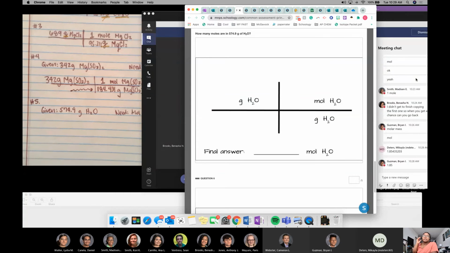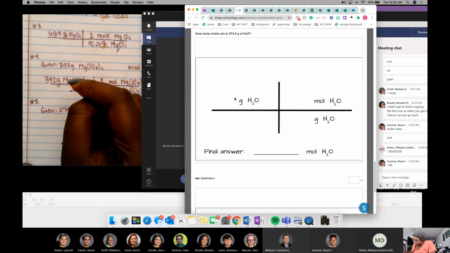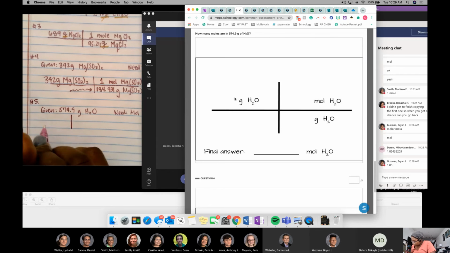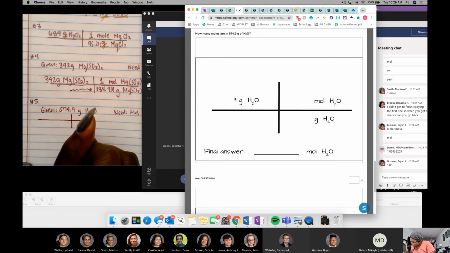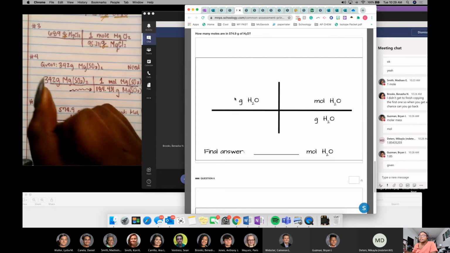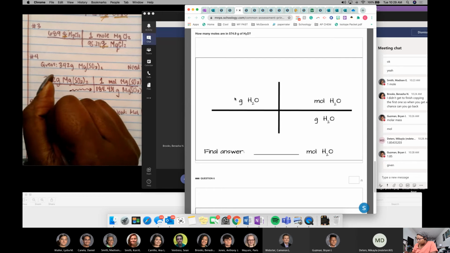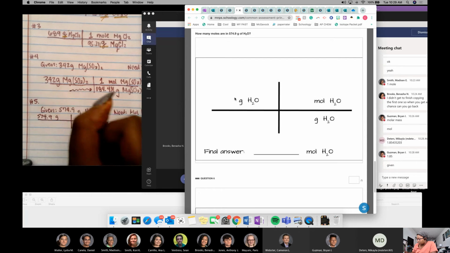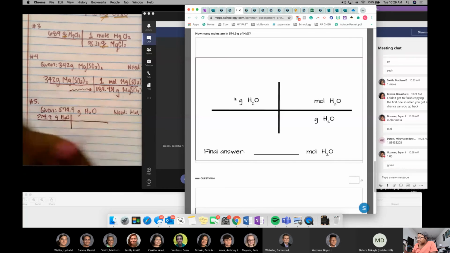What's going to go in this top left-hand box? What number? Good job, the given. So 574.9 grams going in that top left-hand box.